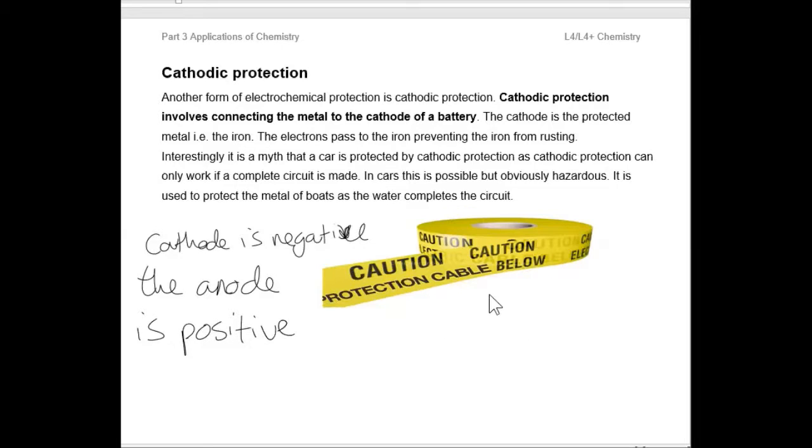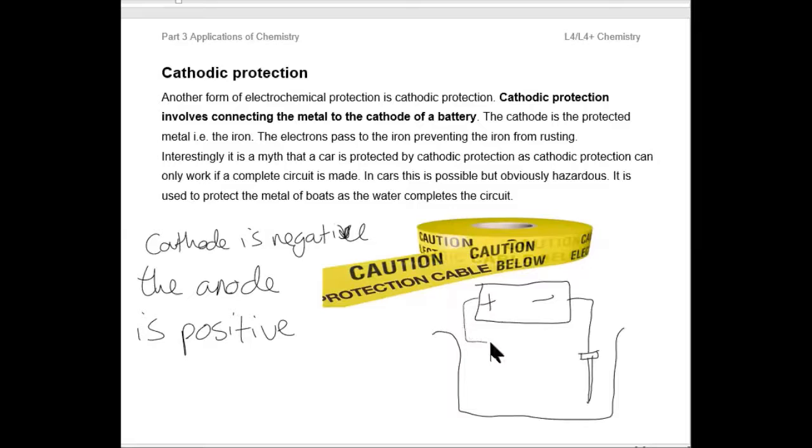So what that means is, if you've got the cathode, so there's your power pack or battery or whatever, and you attach the nail to the cathode side. Remember, the cathode is negative.